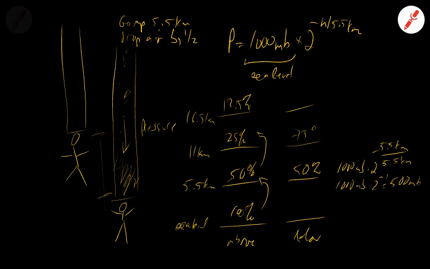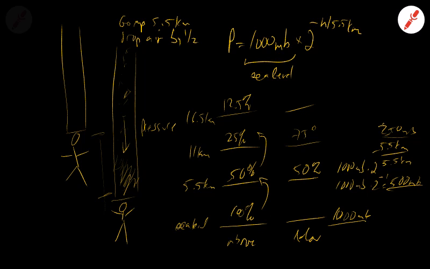So it's half. At the surface, the height is 0. Anything to the 0 is 1, so we just get 1,000 millibar. So we have the pressure at 1,000 millibar at the surface, 500 at 5.5 K, 250 millibar at 11 kilometers, and so on.